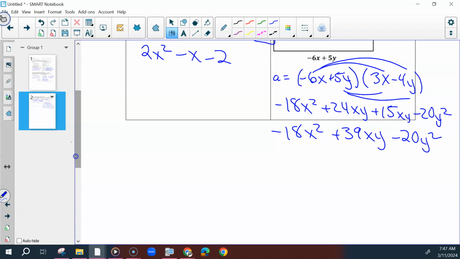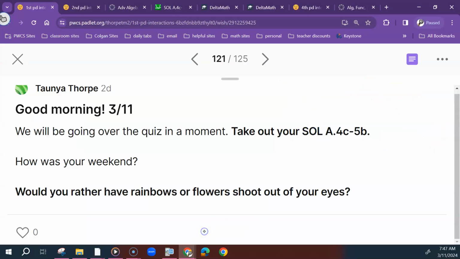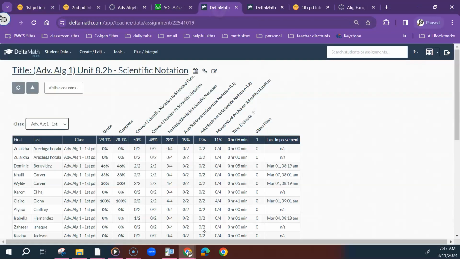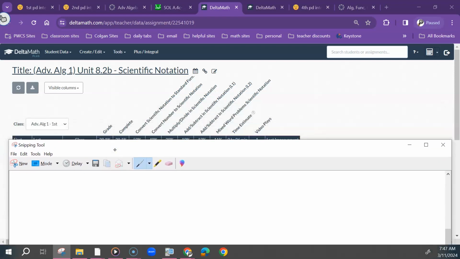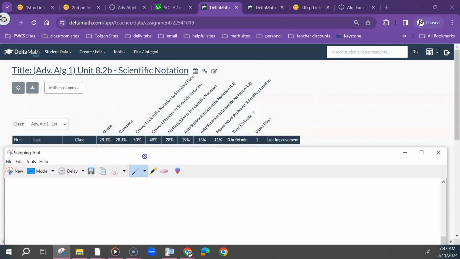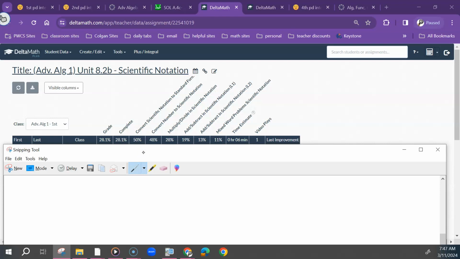After we go over the SOL 4c through 5b, you'll have time to continue to practice, review, things like that. I did want to show you your delta math really quickly. You guys had 2 that were due on Friday. 1 was the scientific notation.